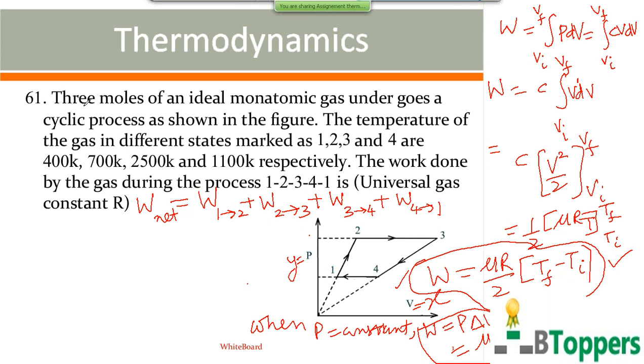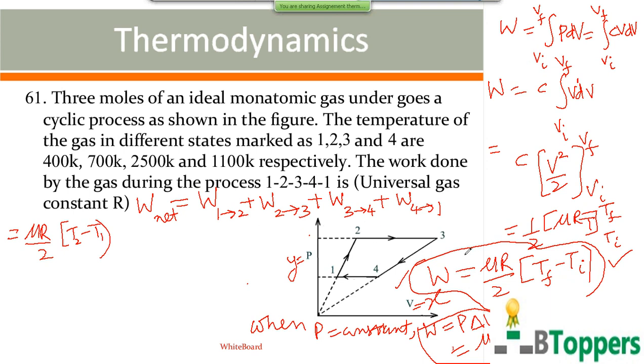Here nu is the number of moles of the gas, which is 3. Your answer is required in terms of the gas constant. So work done for the process 1 to 2 is equal to nu R by 2 into Tf minus Ti, that means T2 minus T1.